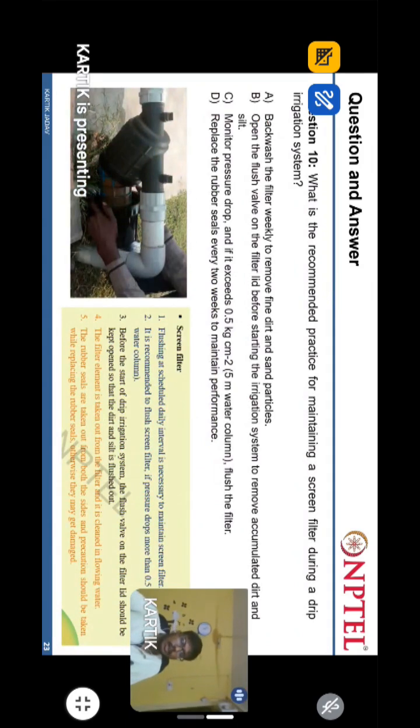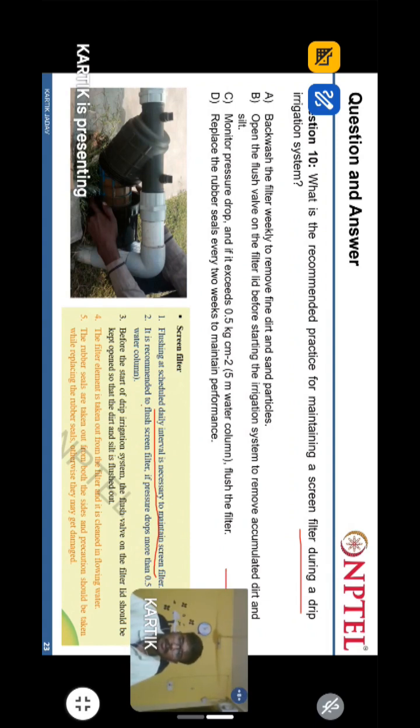Question number 10. What are the recommended practices for maintaining a screen filter in a drip irrigation system? So we know that screen filter flushing at a daily interval is necessary to maintain the screen filter. We have seen that in each filter we need to clean it daily before irrigation.